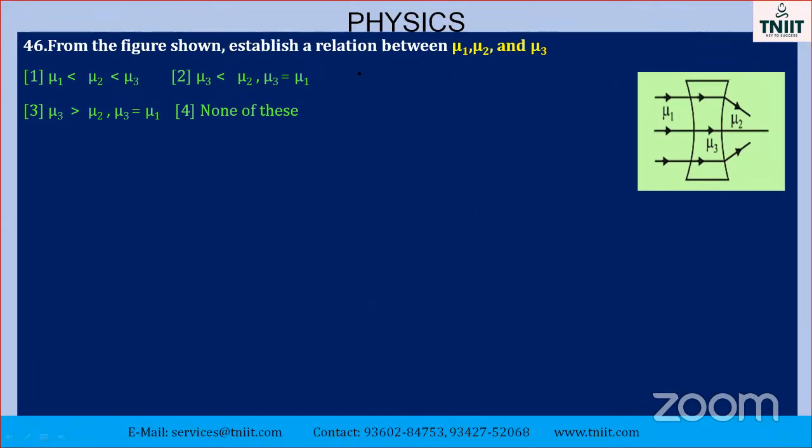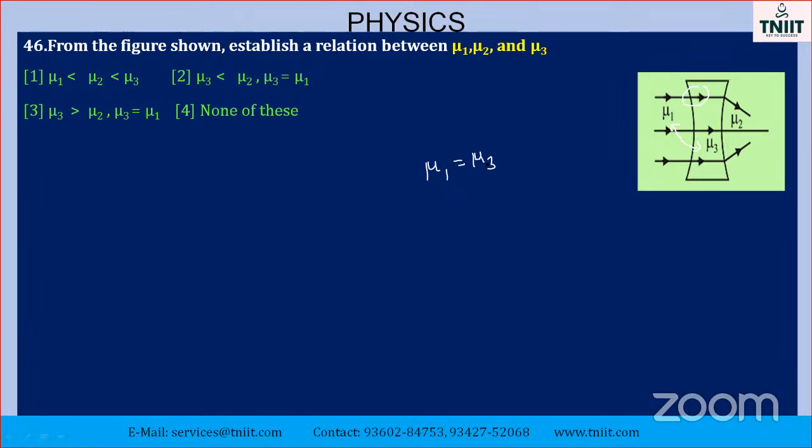Whenever the ray is entering into another medium, if it is not changing its direction, these two refractive indices must be equal. So mu1 must be equal to mu3.